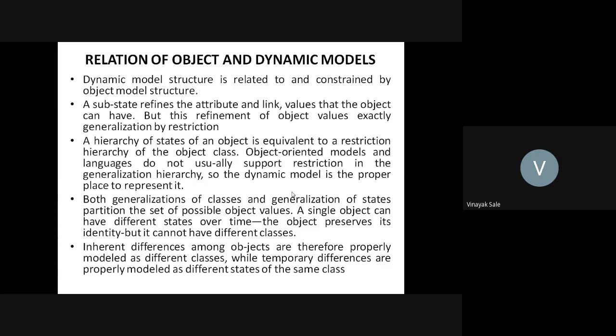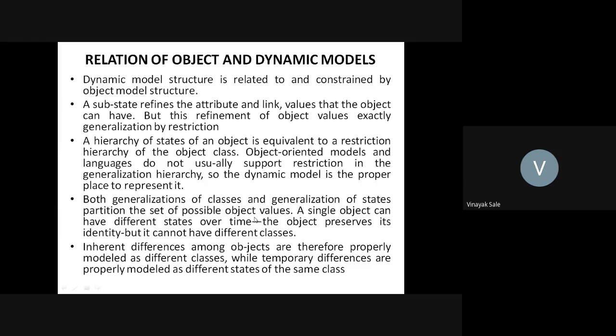In this, the dynamic model structure is related to and constrained by the object model structure. The substate refines attributes, links, and values that the object can have, but the refinement of object values exactly parallels generalization by restriction.